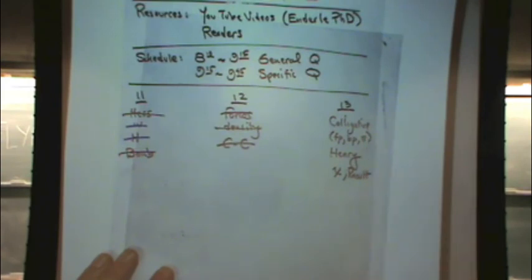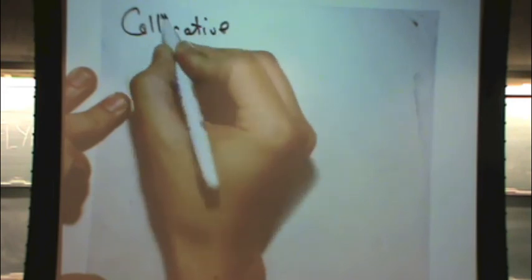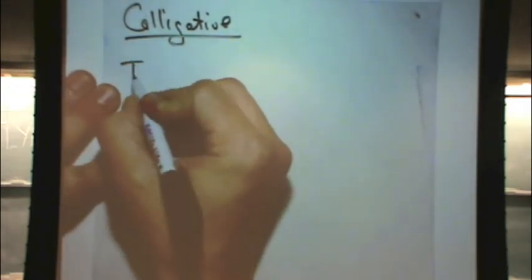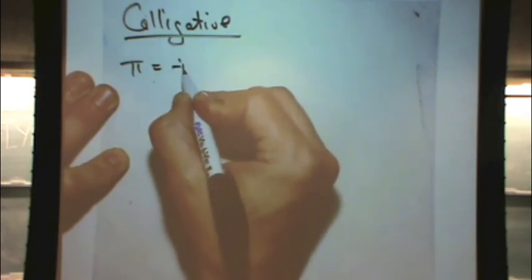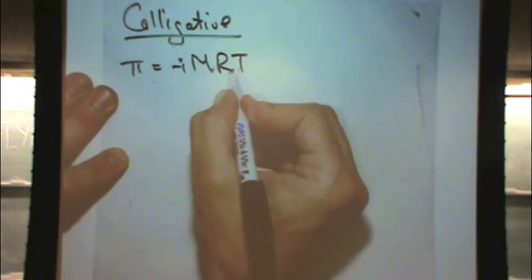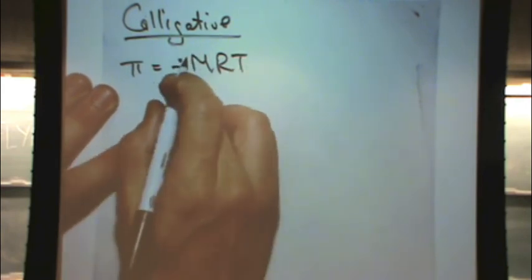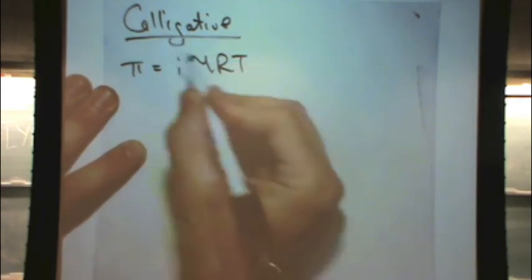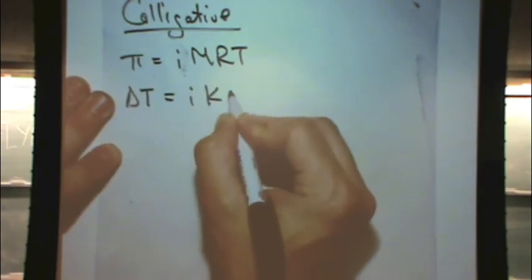Let's do some colligative properties. Colligative properties kind of work like this. There are 2 formulas. Of course, we give them to you. Pi equals iMRT. That's positive. And then delta T equals iKm.